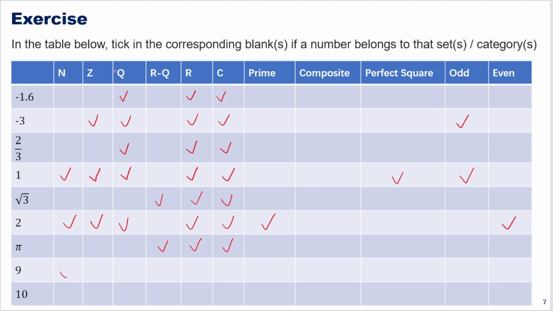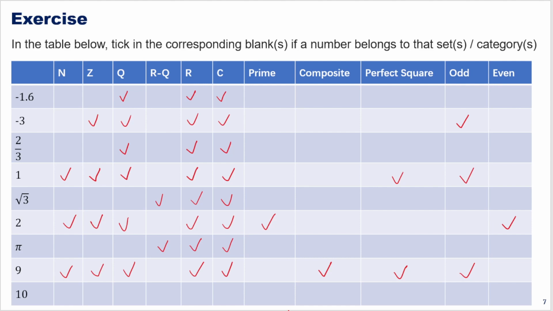9. 9 is a natural number, also an integer, rational number, real number, complex number, right? And 9 equals 3 by 3, so it's a composite number. It's also a perfect square, and it's also odd, right?